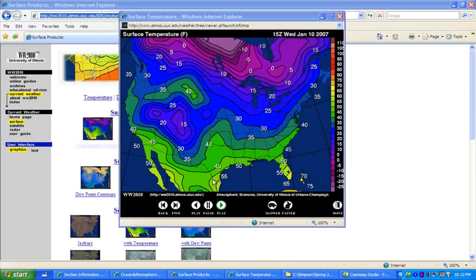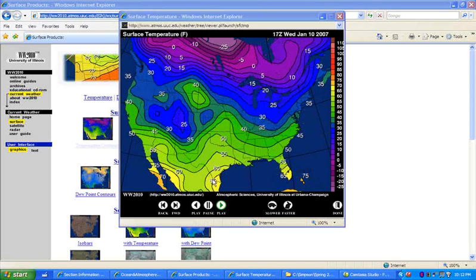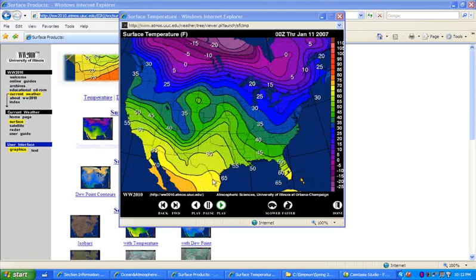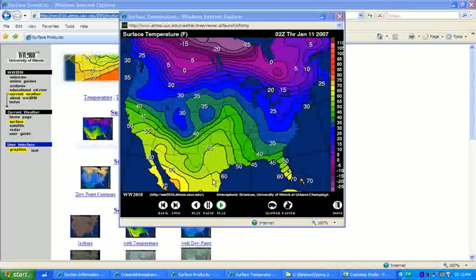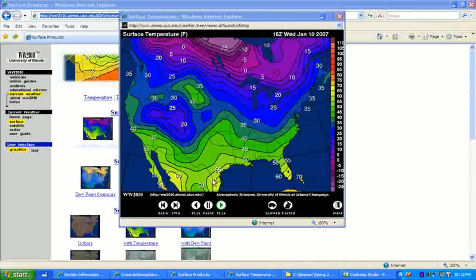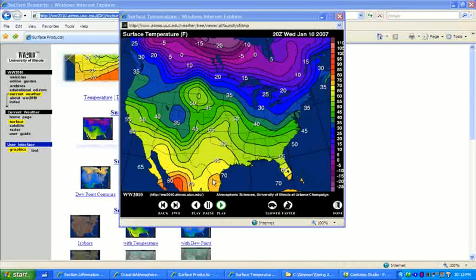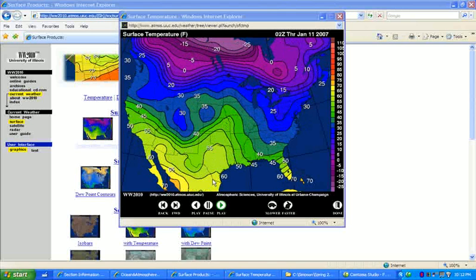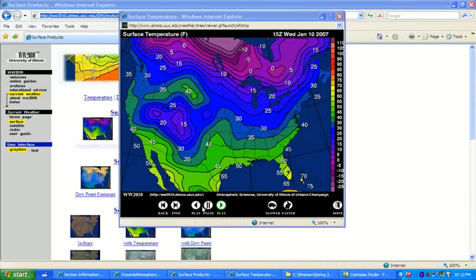If we're to use the dew points, we would forecast temperature to be about 30. But what I'd like you to do is to notice the animation there of surface temperatures. It begins at 15Z today and runs all the way through 2Z, which is this evening. And notice our 30-degree temperatures.